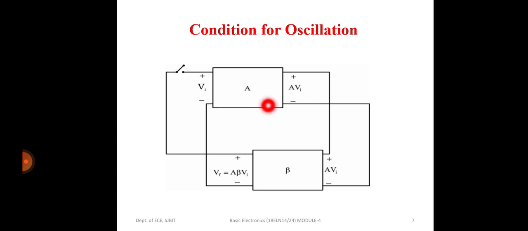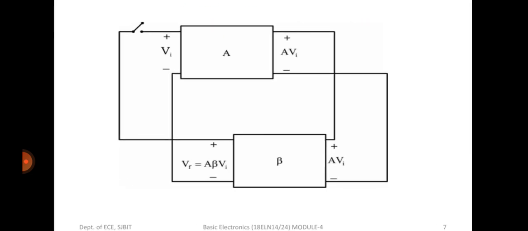Now the amplifier has an input, but the input is derived from the amplifier's own output through the feedback network. Correct? The output essentially feeds on itself and is continuously regenerated. This process is known as positive feedback.